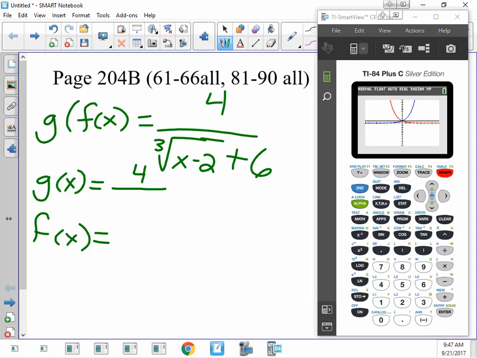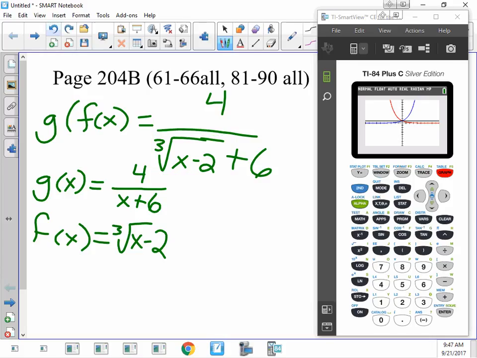Four over x plus 6, which would make f of x the cubed root of x minus 2. Corbin, you want to watch this? So g of x could be that with an x right there, in which case f of x would be that cubed root of x minus 2.